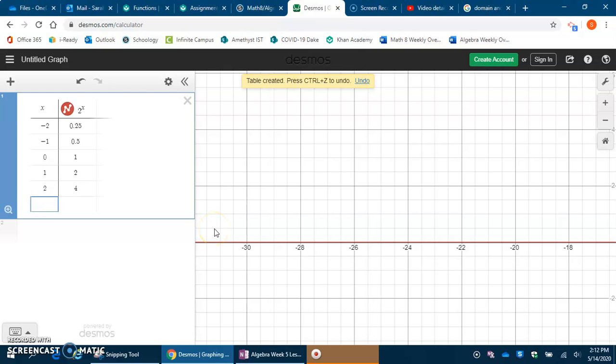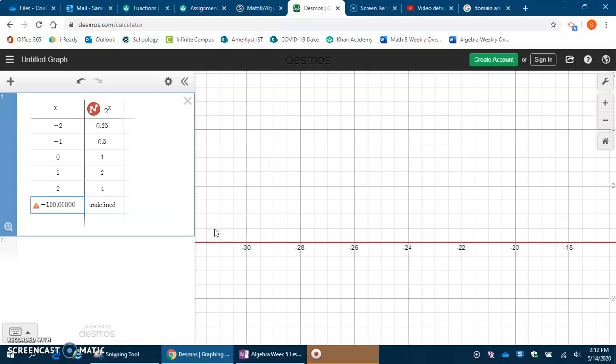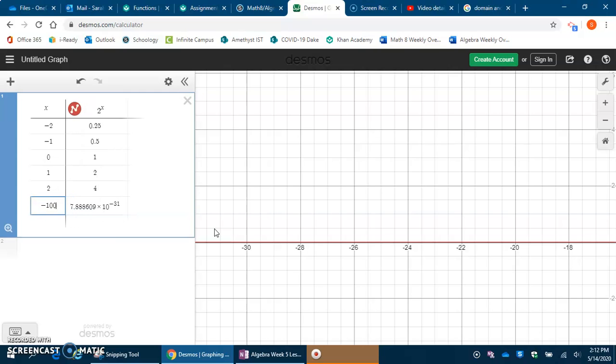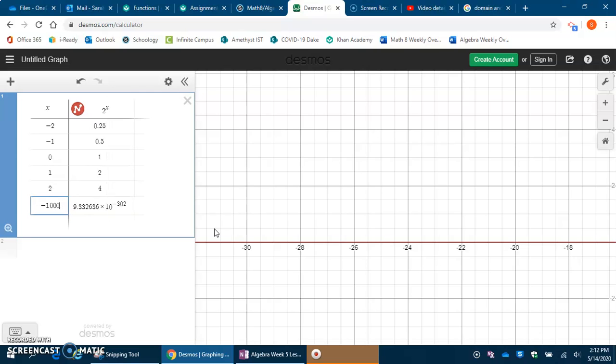So I could type in negative 100 million. Negative 100 or negative 1,000, and it's going to give me just a really, really small number. But if you think about it in terms of this, 2 to the x will never give me 0.